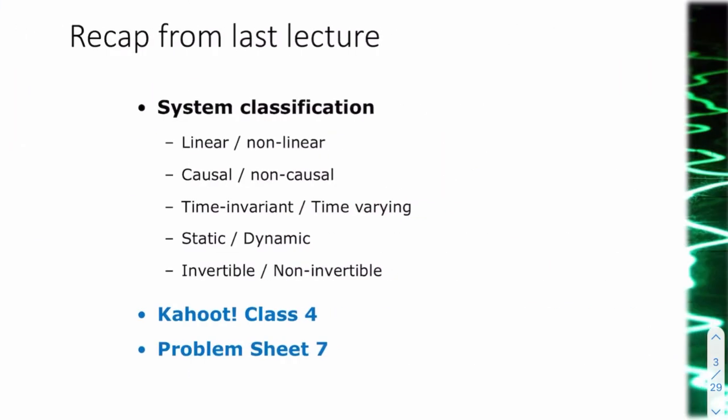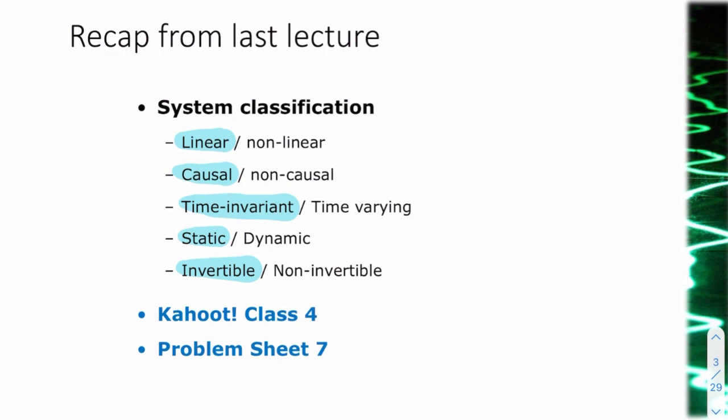So just to recap from last week. Last week we spoke about how to classify systems. We spoke about linearity, causality, time invariance, memory, static versus dynamic, and invertibility.